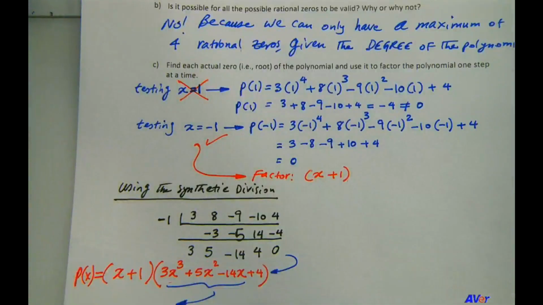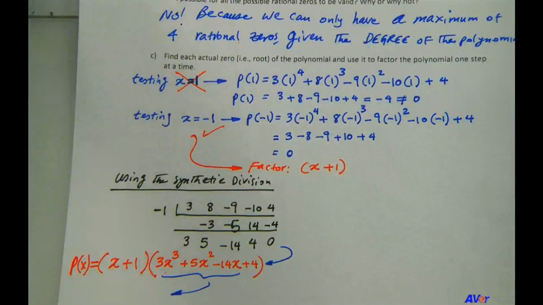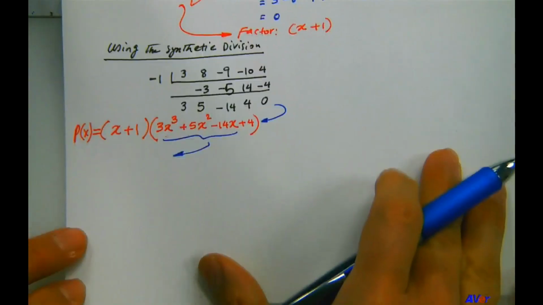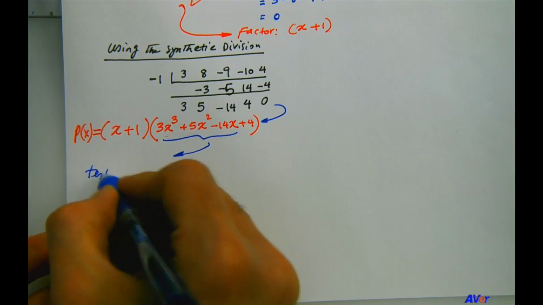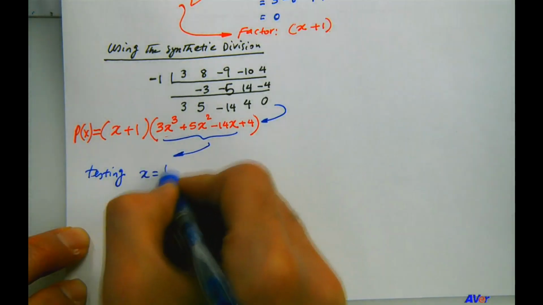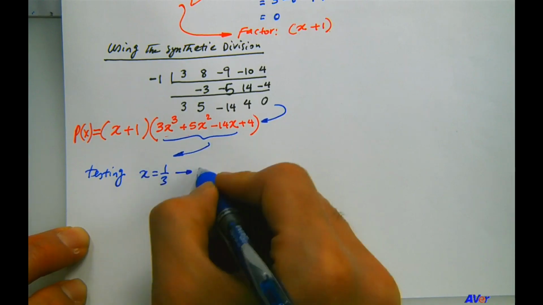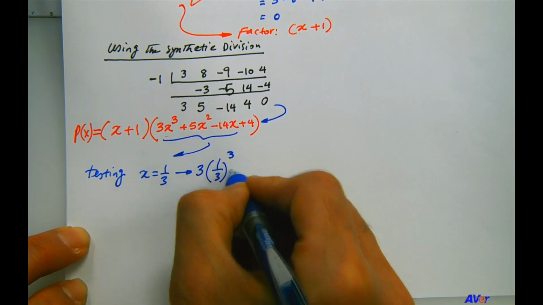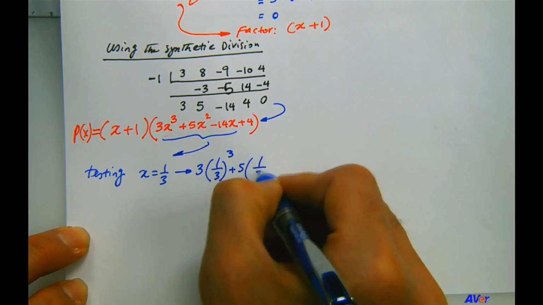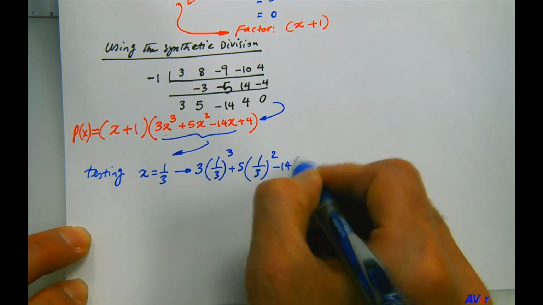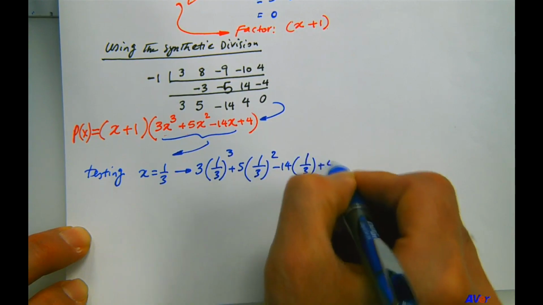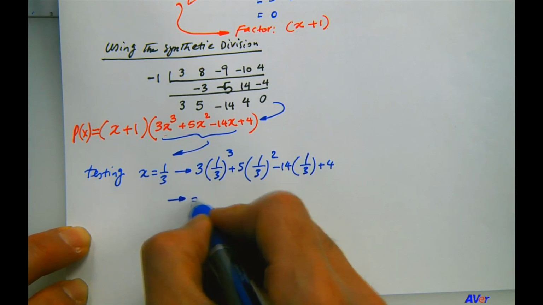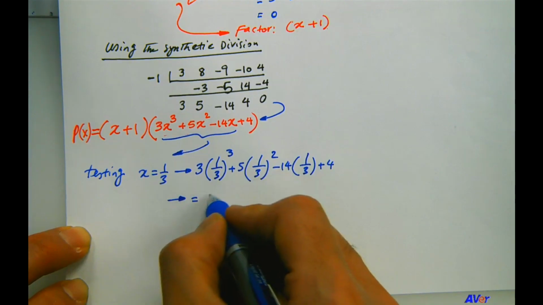I'm going to write that here. Testing x equals 1/3, then we have 3, minus 14 times 1/3 plus 4, and this is equal to 0.